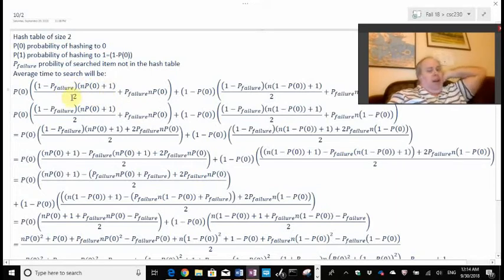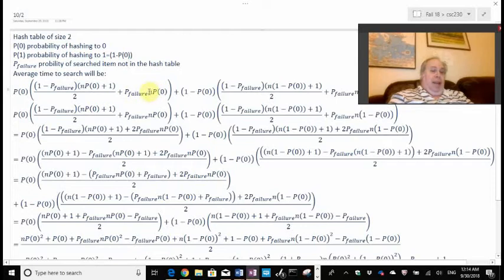If 1/3 of them go to 0, 1/3 of n will end up. So the length of the list is on average n P of 0, plus 1 over 2, plus the probability of failure times n P of 0.